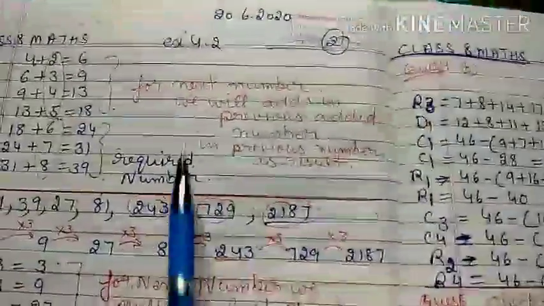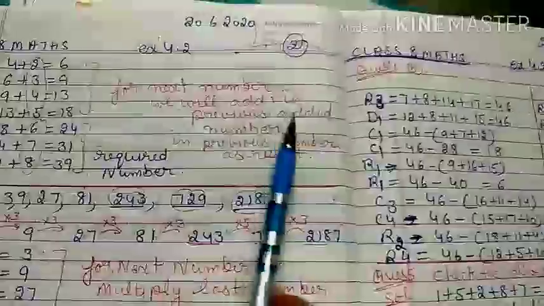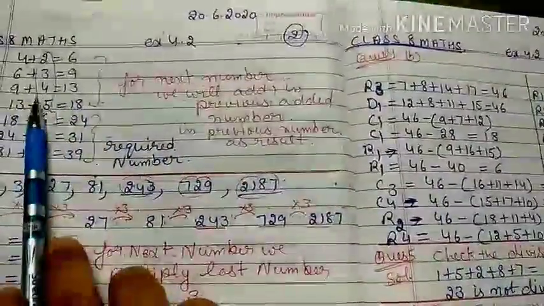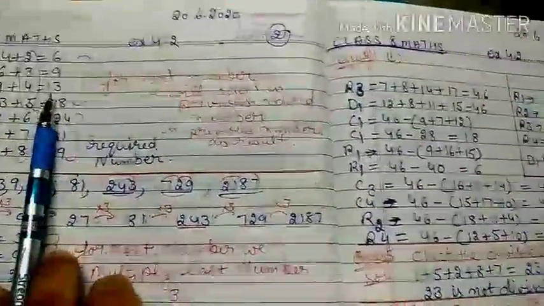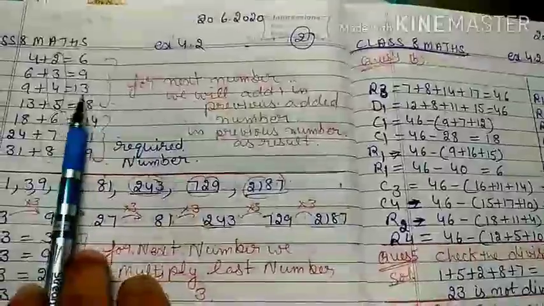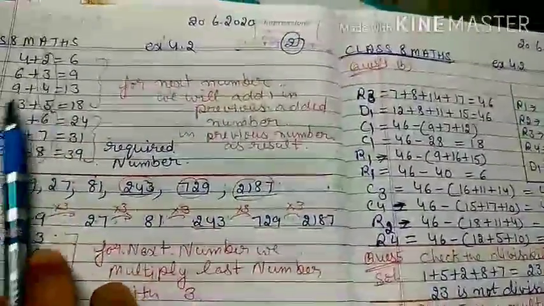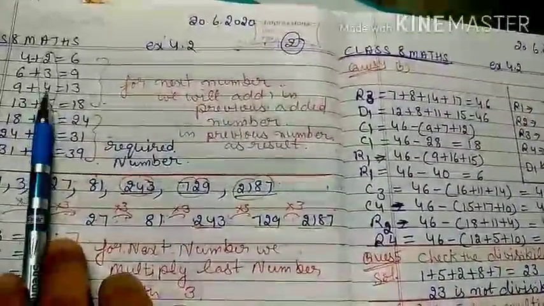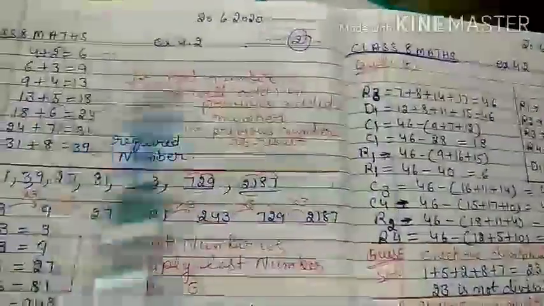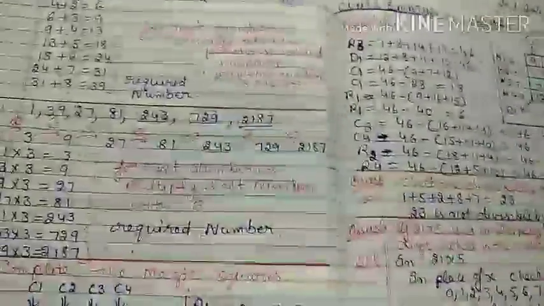We can identify the rest of the numbers, or we can say that for the next number we add 1 to the previously added number and add it to the previous number as the result. So that will give you the next number.